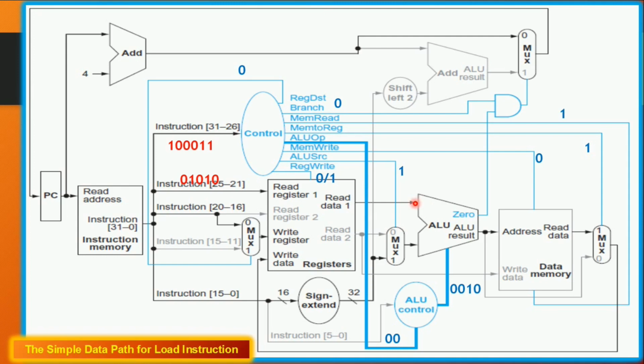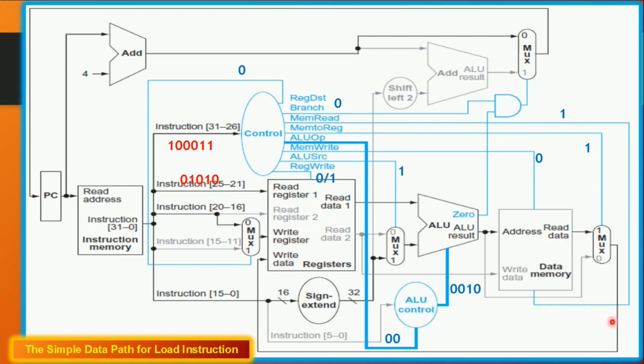Now the first data to the ALU is the base register content. The second data is the offset value. This will get added to calculate the address with which we have to fetch the data and load the data to the destination register. From this address, the data will be fetched by asserting the mem2reg value, and meanwhile the reg write will be asserted to activate the register to writing mode.